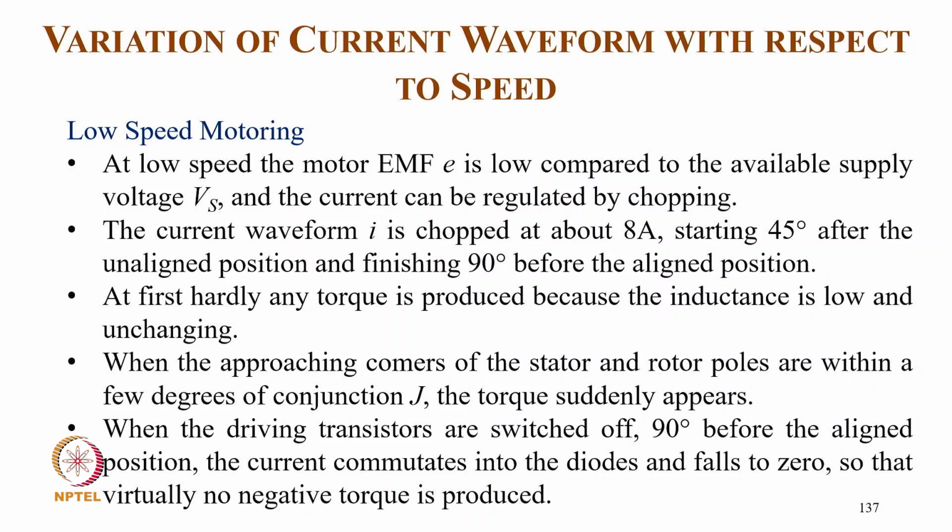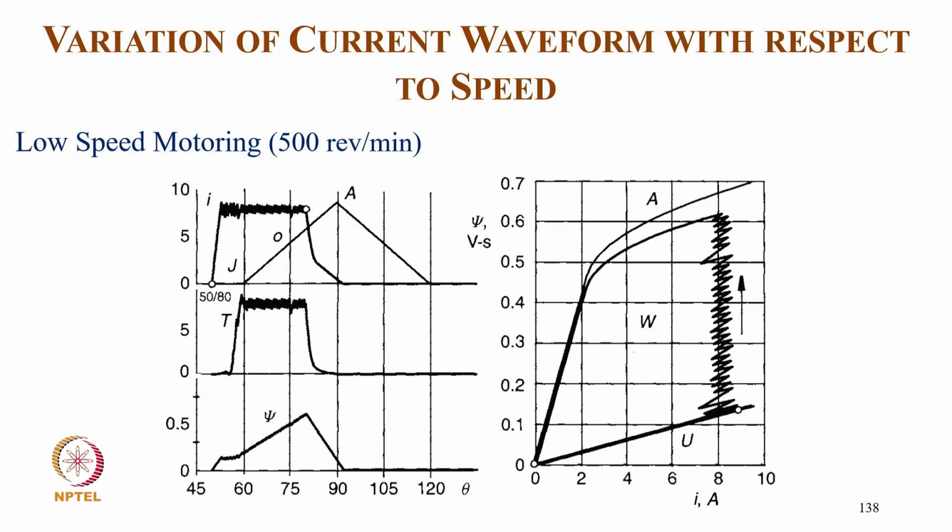At first, hardly any torque is produced because the inductance is low and unchanging, and when the approaching stator and rotor poles are within the overlap of conjunction, then the torque suddenly appears. When the driving transistors are switched off 90 degrees before the aligned position, the current commutes into the diodes and falls to 0, so virtually no negative torque is produced.